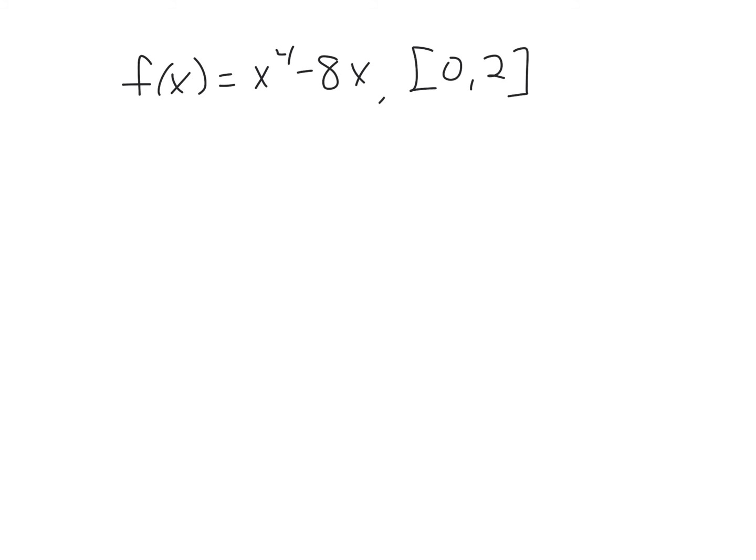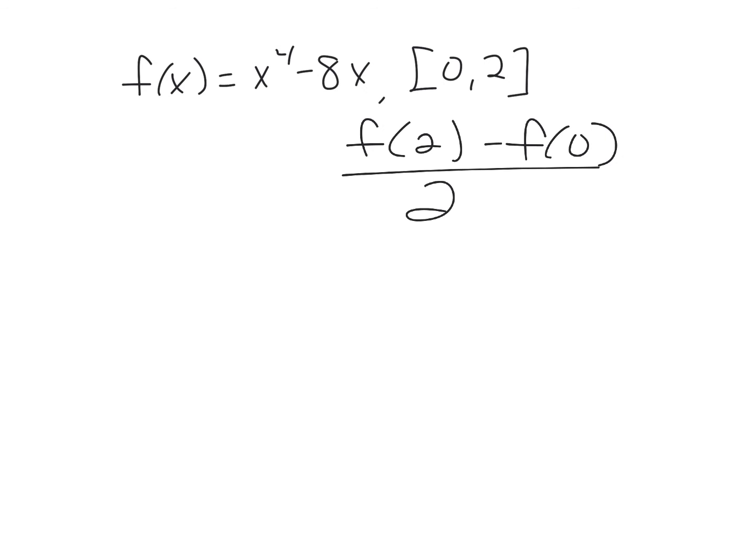So we have f of x is equal to x to the fourth minus 8x on our interval 0, 2. That right side, if you remember, f of 2 minus f of 0 divided by 2 minus 0, is the right side of our mean value theorem, right? And then the derivative of x to the fourth minus 8x is 4x to the third minus 8.